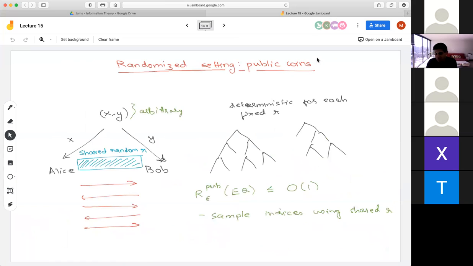And the only part that you need to send, which depends on your input, is just the bits x_i on those indices, which is just constant because these are a constant number of indices. So you can do a bit better here. It's just a slightly different randomness model. And it's slightly convenient to think about because you can always fix an R and then analyze it as a deterministic protocol. And this turns out to be quite useful.